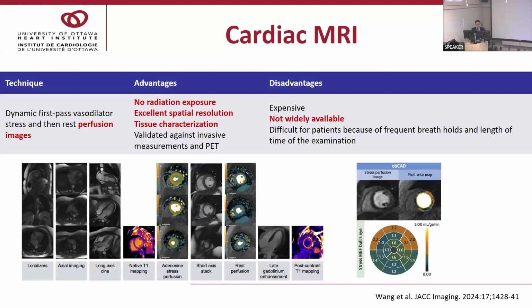Therefore, MRI is particularly useful in patients with underlying disease, such as hypertrophic cardiomyopathy and cardiac amyloidosis. Disadvantages here include high cost, limited availability, and limited applicability to patients with implantable devices and claustrophobia.